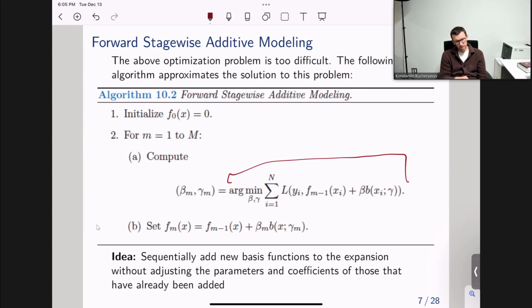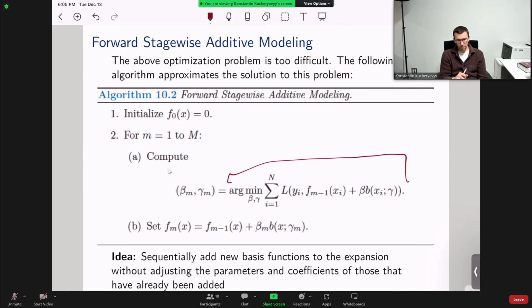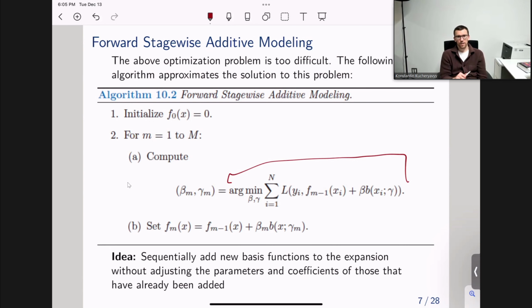But again, let me just emphasize here for a second that with such simple loss functions as absolute error, we still can write this algorithm in a nice way. But gradient boosting is a procedure that allows us to write this algorithm as a numerical procedure that can be applied to any loss function.